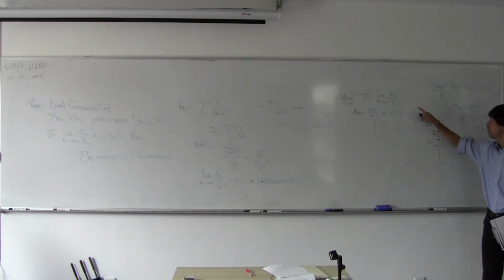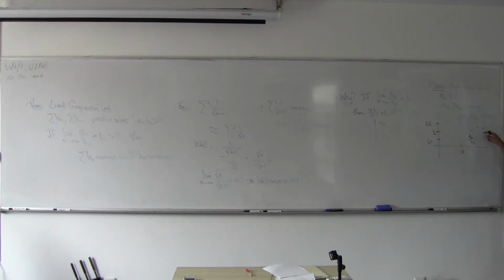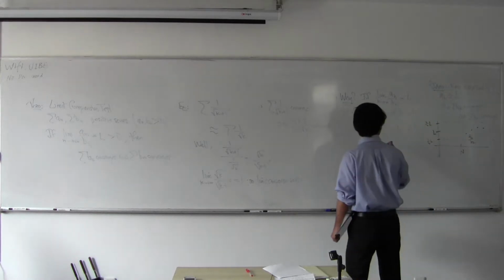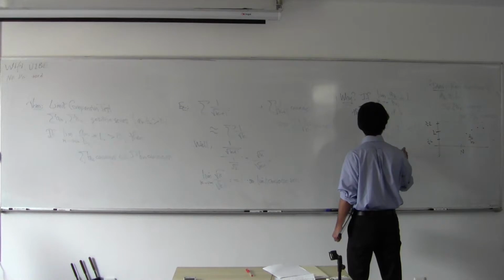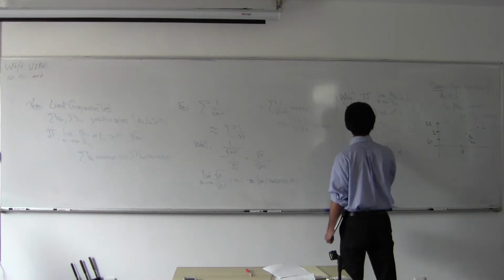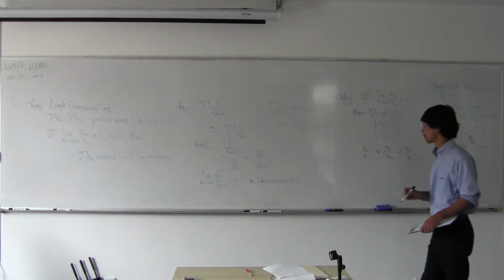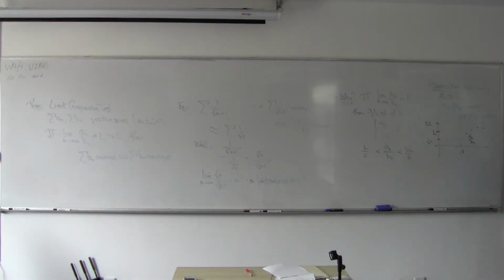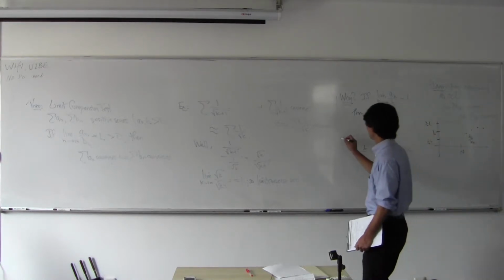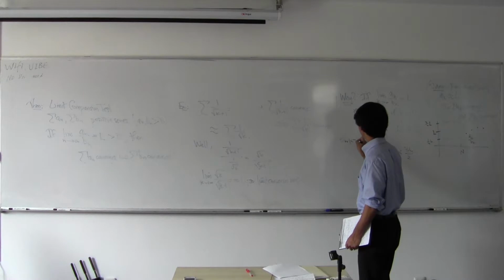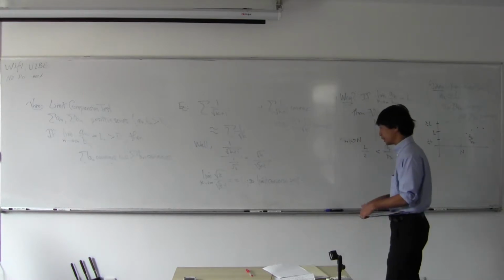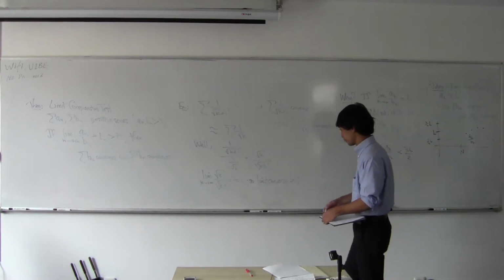The limit is L means we can make them pretty close to L. So let's make them this close to L. Well, if that happens, then AK over BK is between L over 2 and 3L over 2, for K bigger than N. This happens.